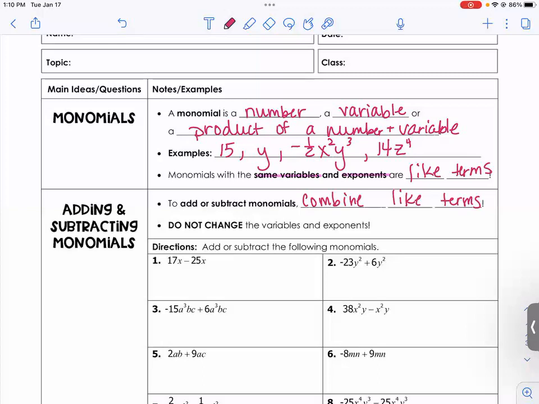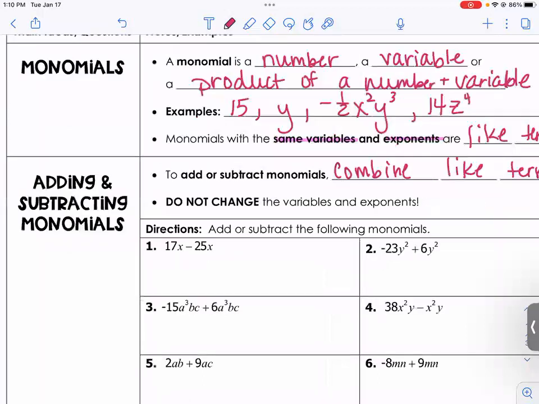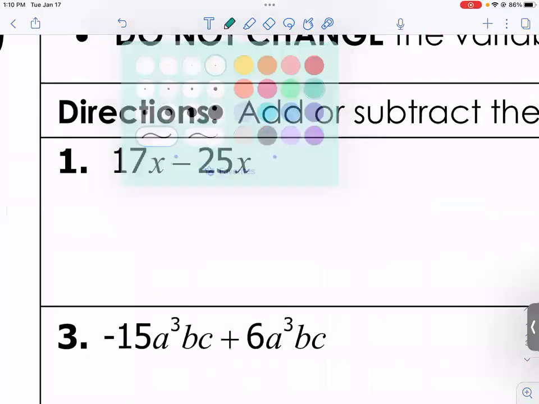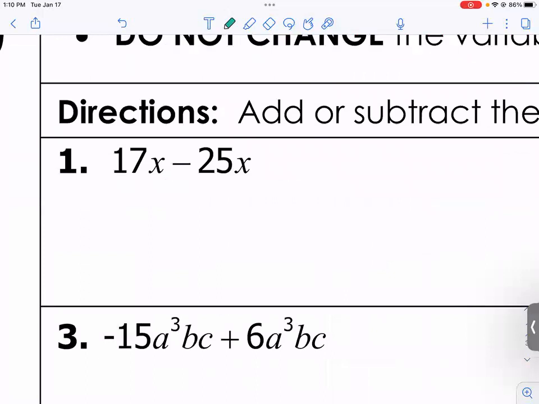Okay. So this example number 1, 17x minus 25x. Do those have the same variable? Yeah, then we can take 17 minus 25 to get -8, and this is -8x.